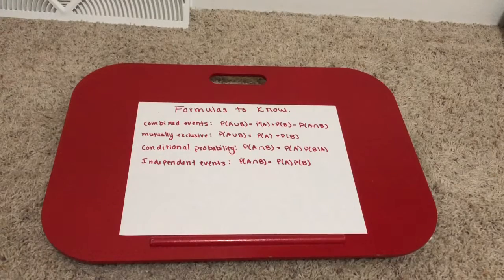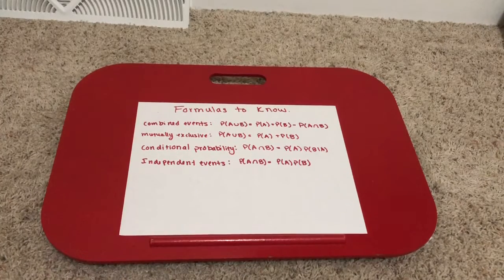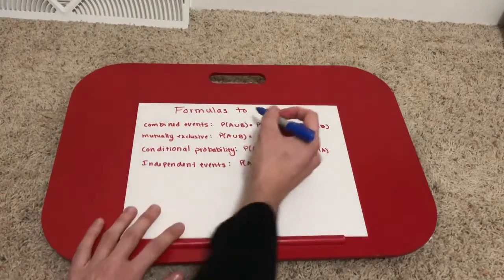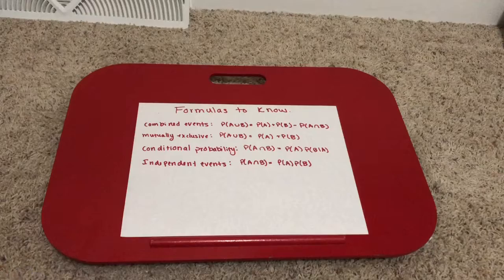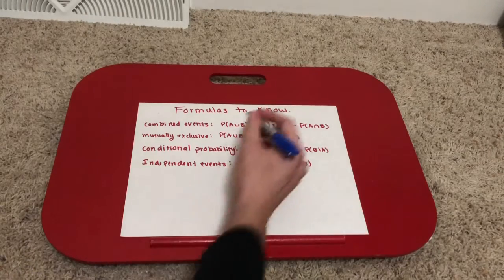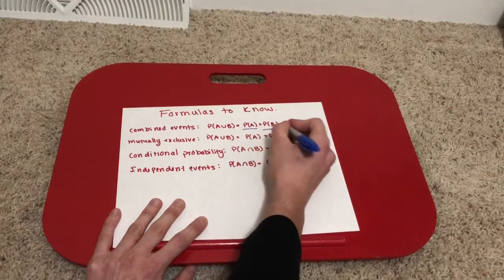In general for probability, these are the four main formulas that you will need to know for this unit. The first one is the combined events formula. Combined events is a set of one or more possible results in an experiment. Like we said before in the words to know, this is the probability of A happening, and this is the probability of B happening.